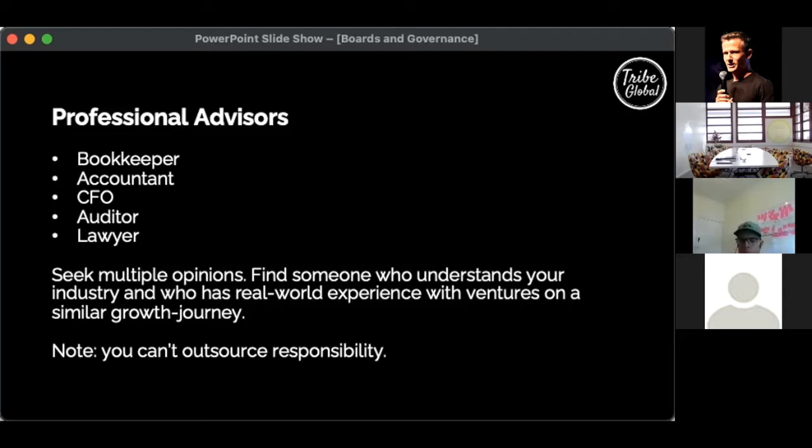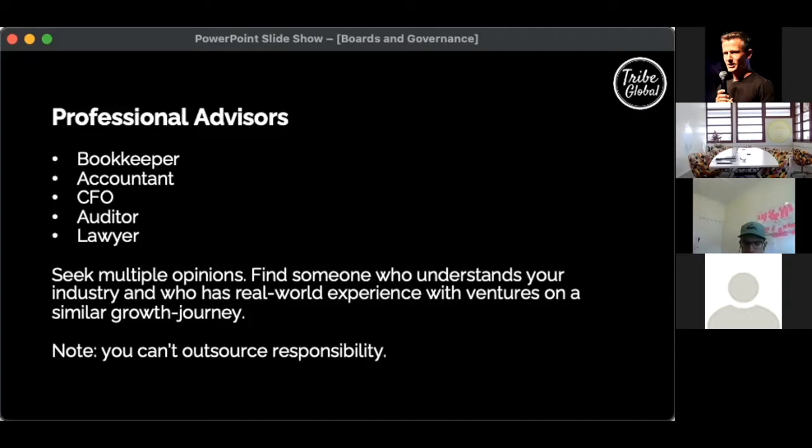But then you also want your professional advisors to be people who understand the growth journey that you're on. And what I mean by that is if you're aiming to build a high growth company for exit and acquisition, and you plan on raising investment funding from angel investors, from venture capital funds, maybe from private equity, you really need professionals who understand that.